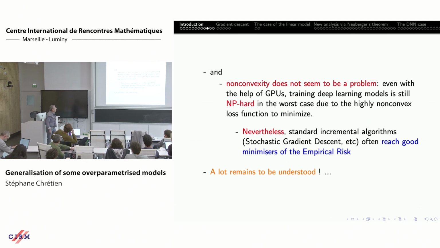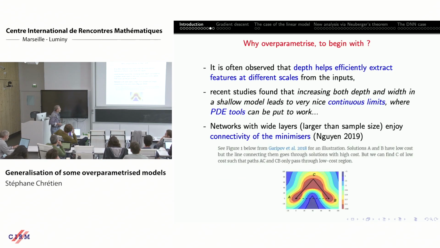So this is a mystery, and also non-convexity should be a problem, but when we try to train deep neural networks, it doesn't seem to be a problem, and stochastic gradient descent provides good minimizers of the empirical risk very often. So a lot remains to be understood, and this is the kind of workshop where we can actually learn a lot about these things. So this is really fascinating, and there is a lot to discover, I guess, yet.